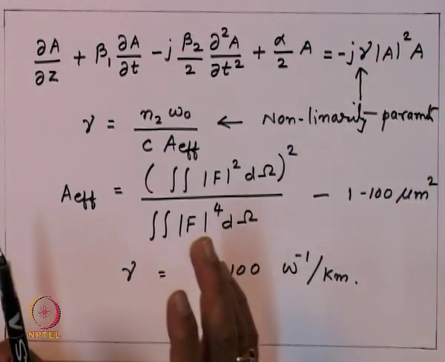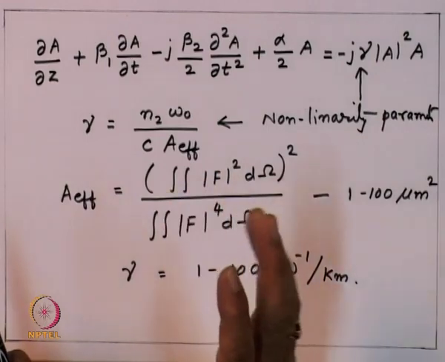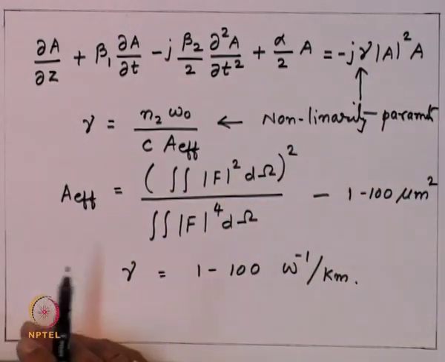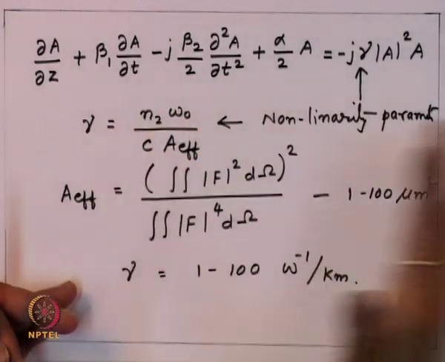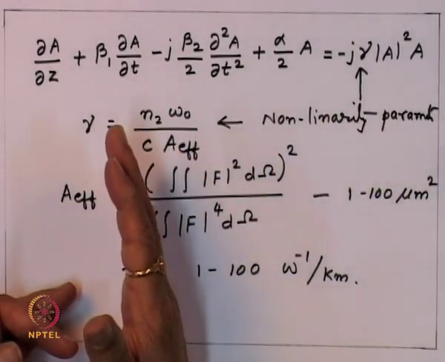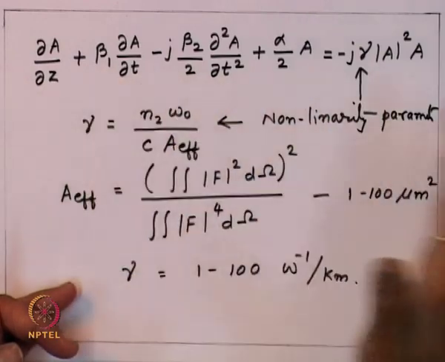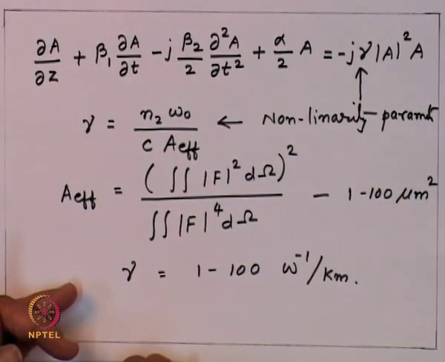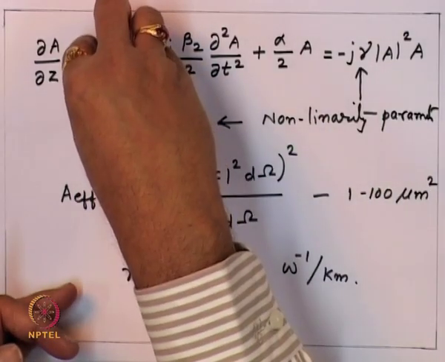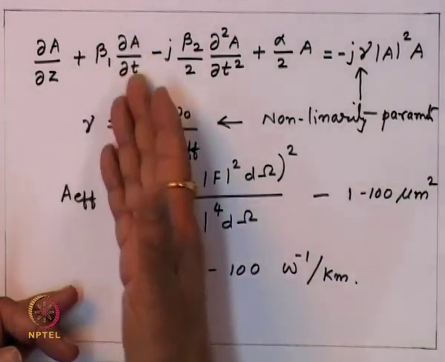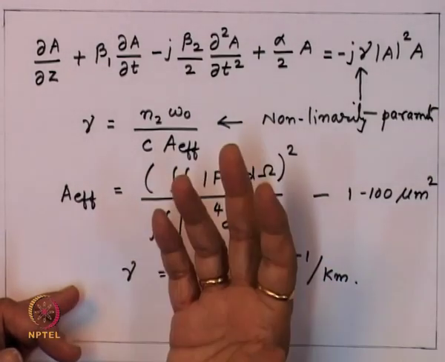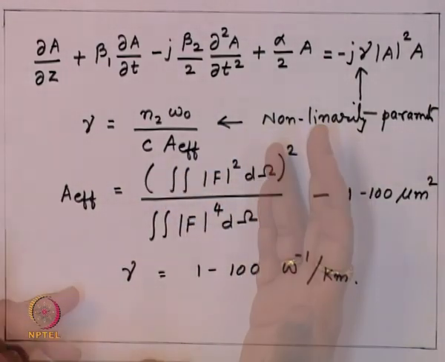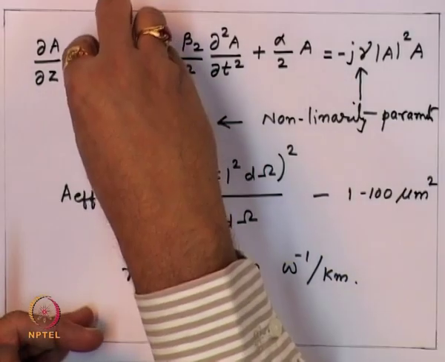So, if I talk about now a new time reference, in the moving time frame, a frame which is moving with group velocity along with the pulse, then it is obvious that this term essentially has to go to 0, because then there is no question of velocity, because we are actually riding the pulse, we are measuring all the times with respect to that moving frame, which is with respect to that pulse. So, this term essentially goes to 0.